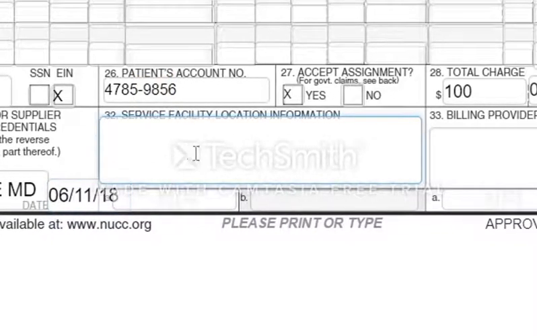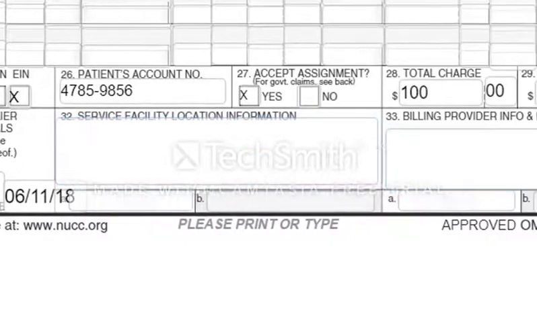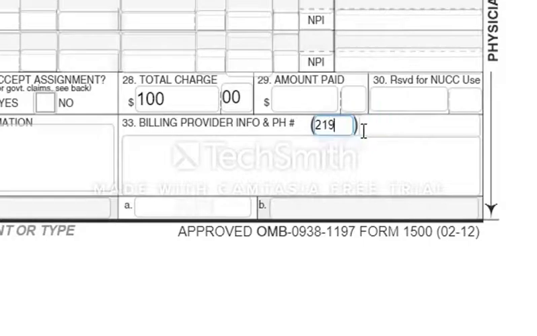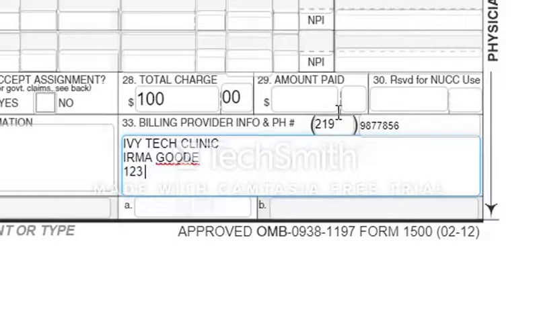If the facility is something other than the billing office, we're going to go ahead and put that information in block 32 with the corresponding NPI for them in block 32A. Otherwise, we are going to put all the billing information in under the billing provider, and make sure to spell out everything.